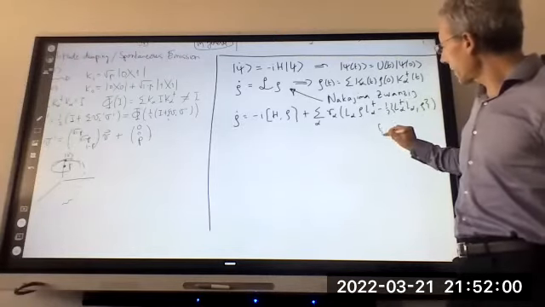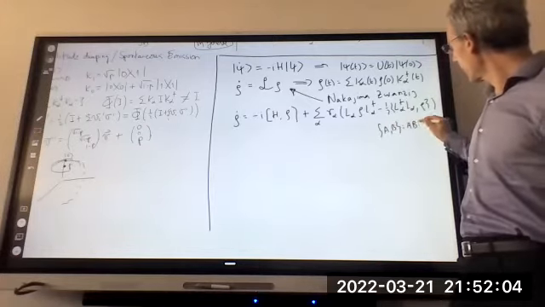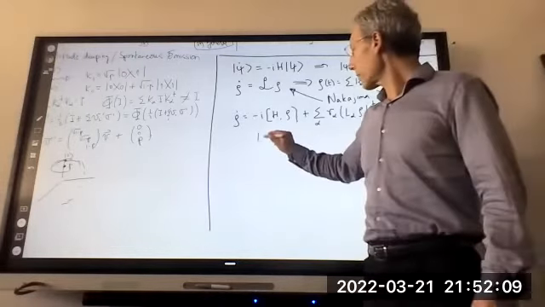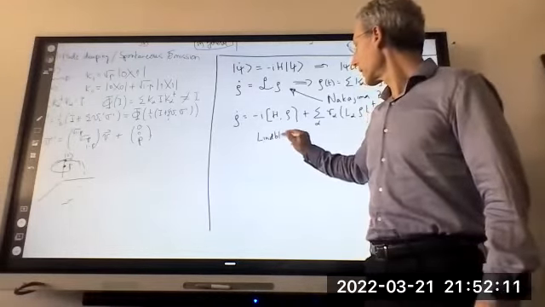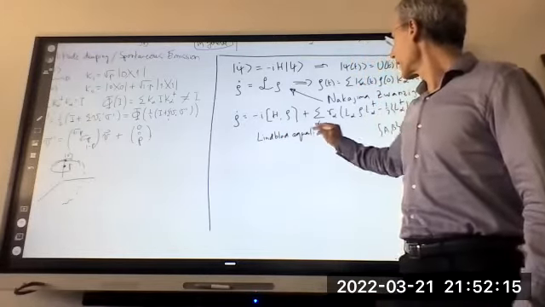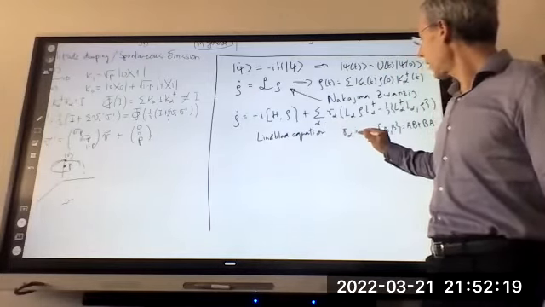And the anti-commutator between any two operators is just AB plus BA. So this is called the Lindblad equation. These gamma alphas, they're all non-negative.